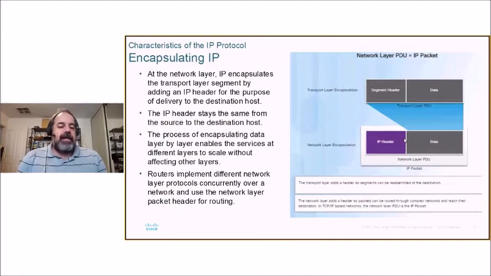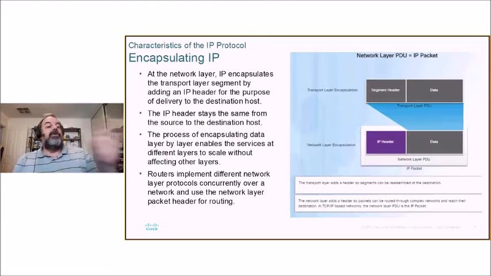The IP header stays the same from the source to the destination host, while, as we discussed, layer 2 headers change with each hop along the way, because they are the point-to-point services of whichever link it's going through at the moment, while IP keeps track of the entire trip from source to destination.